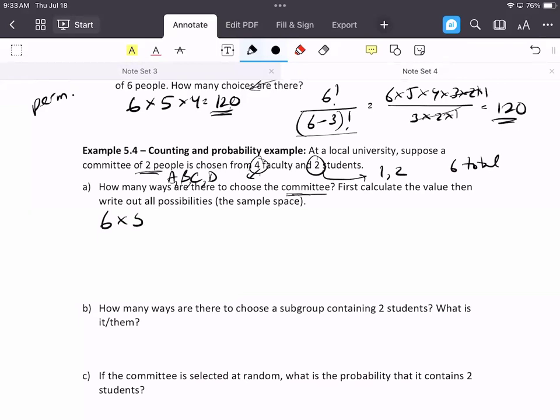And then once you choose 1 person, there are 5 left and you get 30. Now, does order matter? No, order does not matter in this case.